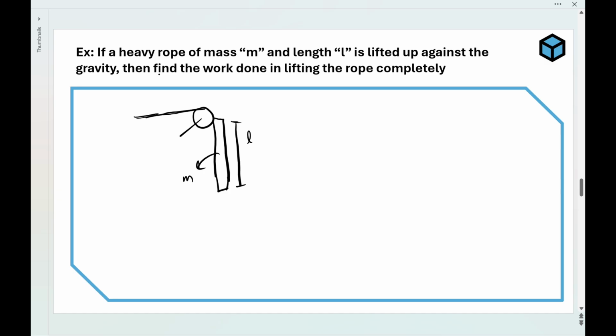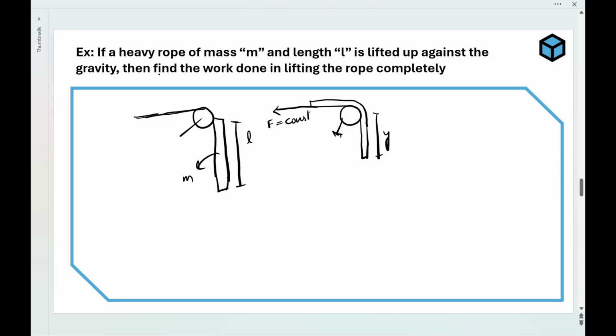Let's say we are applying some force F, and at a particular point the rope is like this, and some length y is still hanging while we are pulling it with a force F.